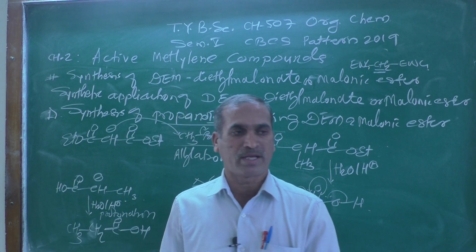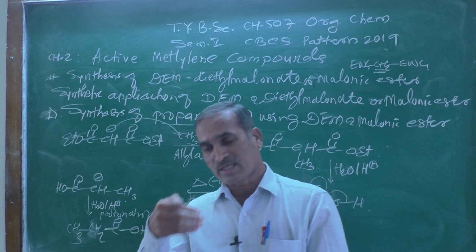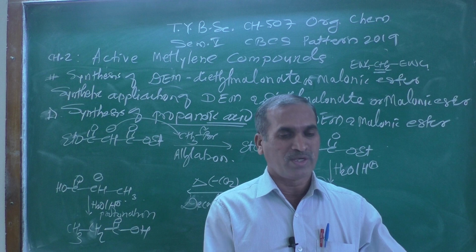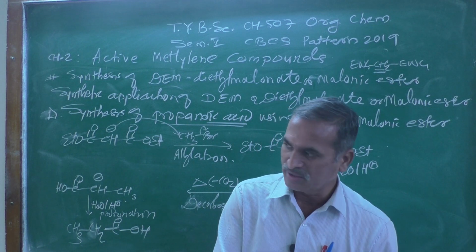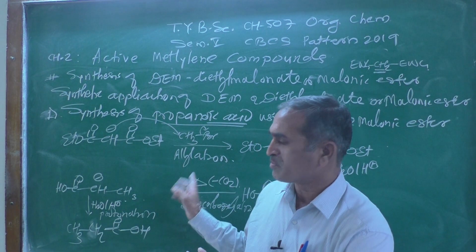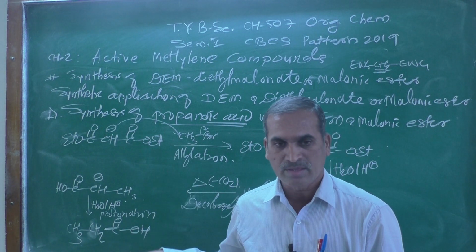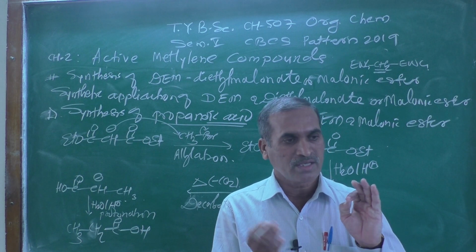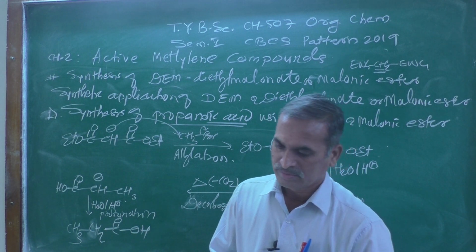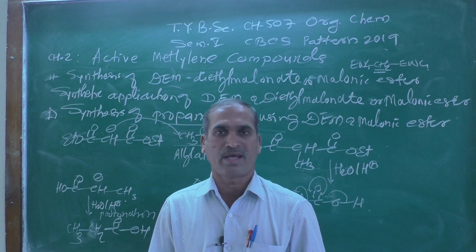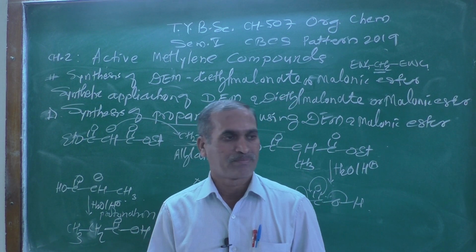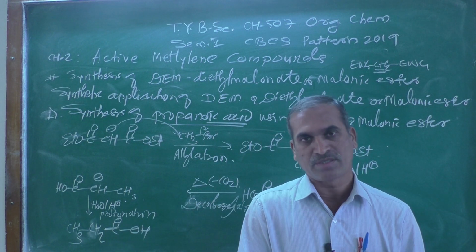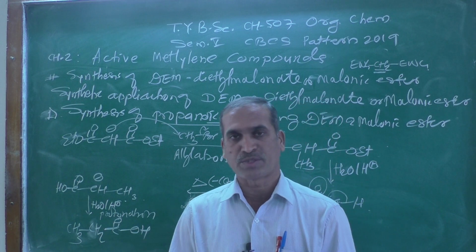The synthetic applications of ethyl acetoacetate as well as diethyl malonate are one and the same, only the end products are different, and the steps involved in the synthesis are very similar. If you practice again and again, you will be expert in that synthesis. I hope you understood this.